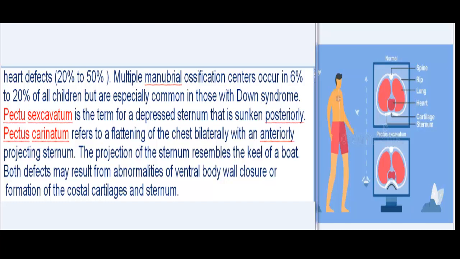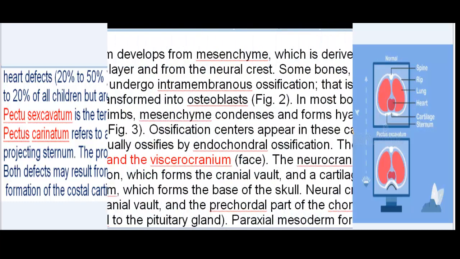Pectus excavatum is the term for a depressed sternum that is sunken posteriorly. Pectus carinatum refers to a flattening of the chest bilaterally with an anteriorly projecting sternum. The projection of the sternum resembles the keel of a boat. Both defects may result from abnormalities of ventral body wall closure or formation of the costal cartilages and sternum.